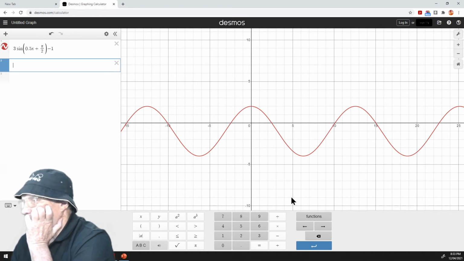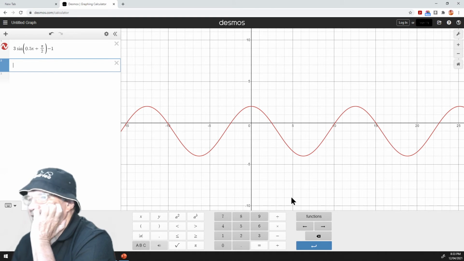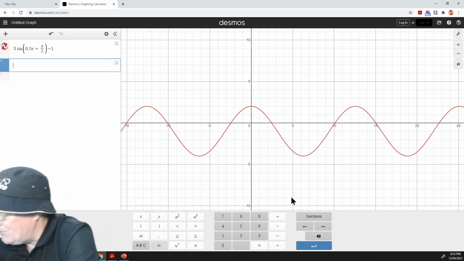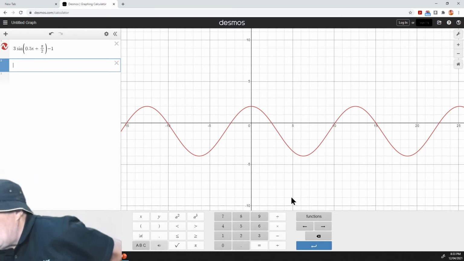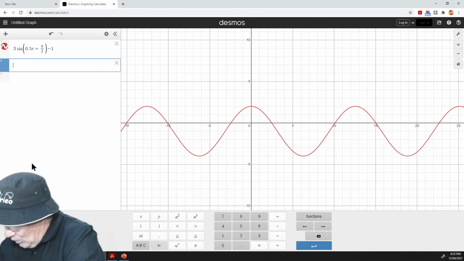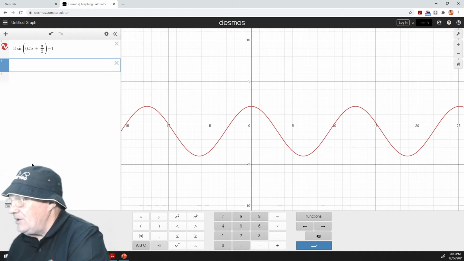But we wanted to look at it between, so that's our main graph that we've put in. It's drawn that up, as you can see. It's a periodic function. Now we needed to look at it from minus pi, so I'm just going to put, is it going to be x?